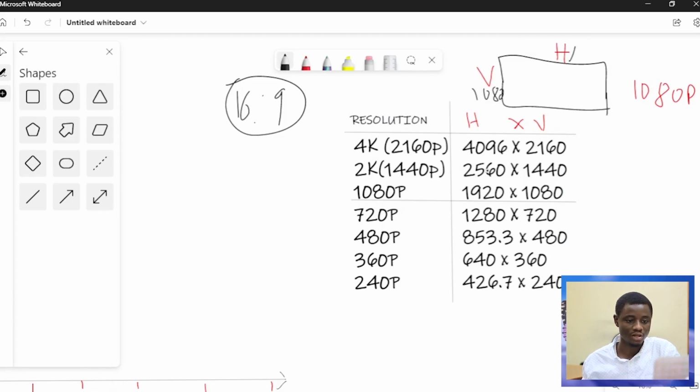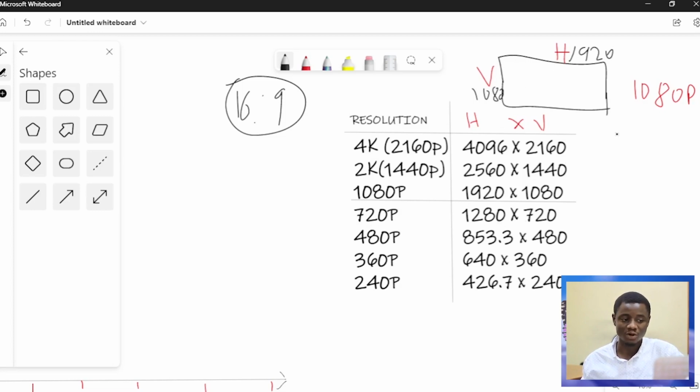Like if you see here, 1920. So we always take the horizontal before the vertical. So the name is gotten from the vertical. So if you hear 720p, it means the vertical position of the video is 720, and the horizontal position, like I've written here, is 1280.